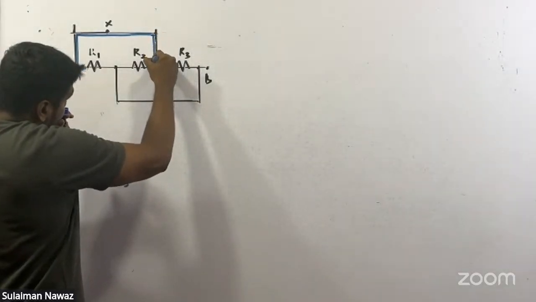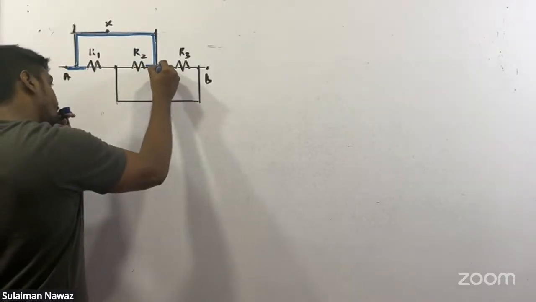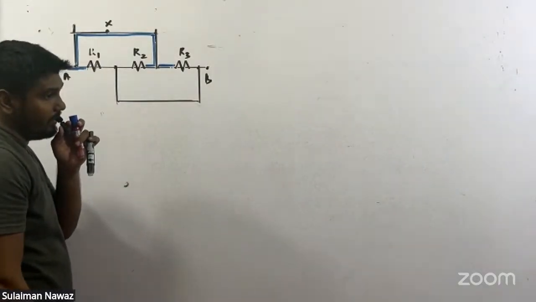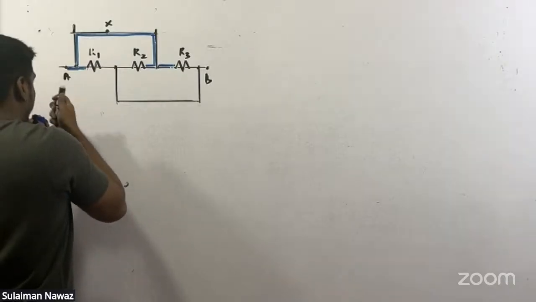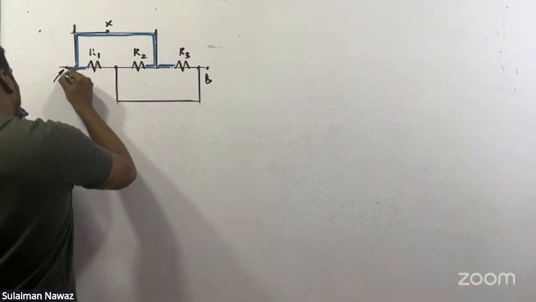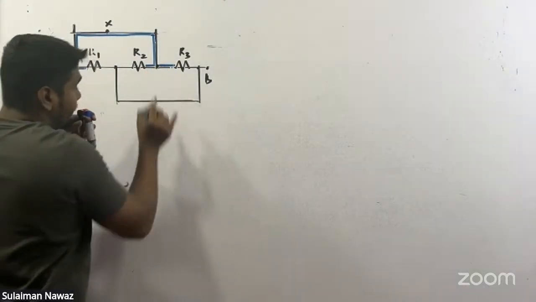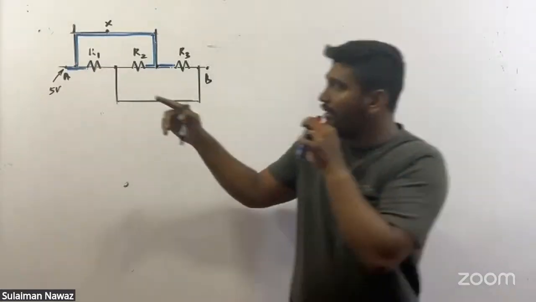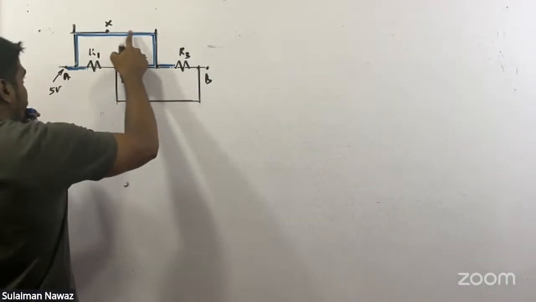Till they meet resistances, voltage is going to be 5 volts. What is the voltage at this point? 5 volts. Why? All of them are in blue, and all the points in blue should have same voltage, 5 volts.